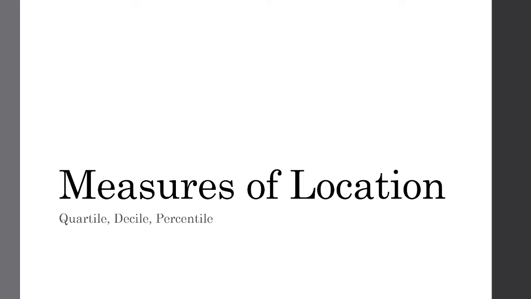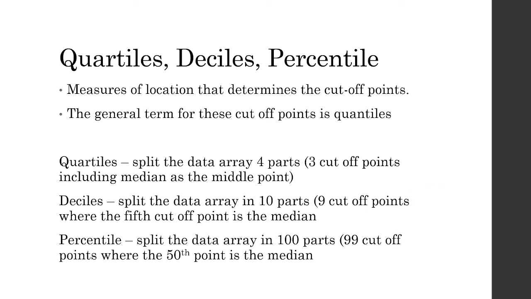We can divide them into three measurements: quartiles, deciles, and percentiles. These determine what we call the cut-off points, and the general term for these cut-off points is quantiles.